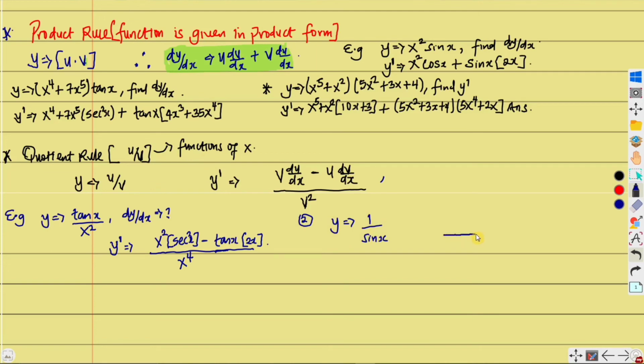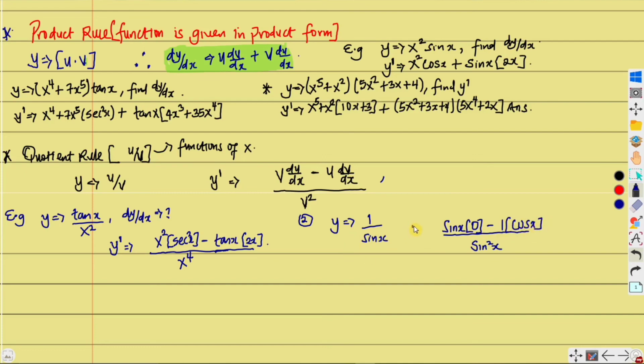You square the denominator, which is sine squared x. Then take the denominator the way it were, sine x, and differentiate the numerator. When you differentiate a constant, everybody knows it is 0. Subtract, take the numerator, that is 1, and differentiate the denominator. When you differentiate sine x, it gives cos x.